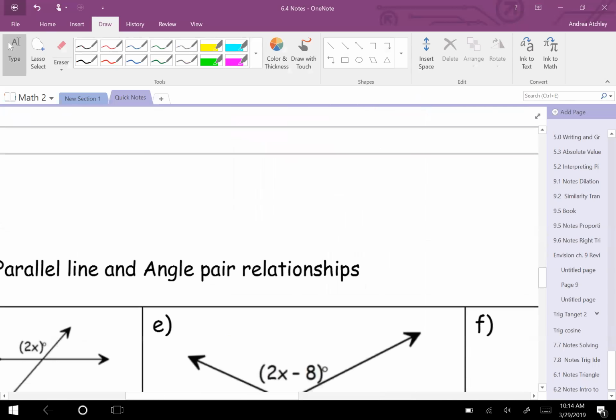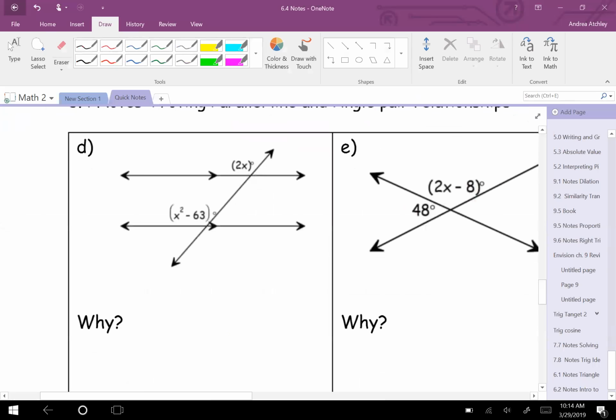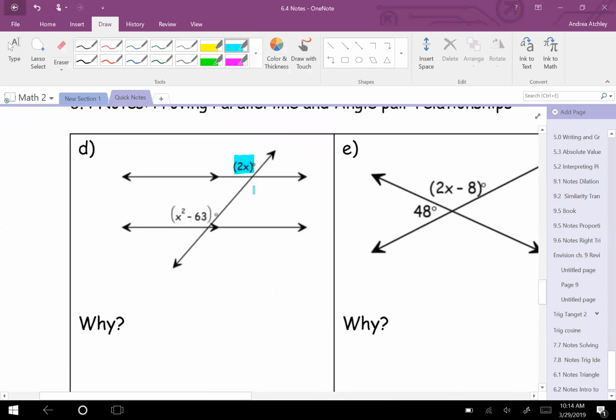Okay, next. Okay, let's color coordinate. Hey, Adam, how am I going to set this equation up then?